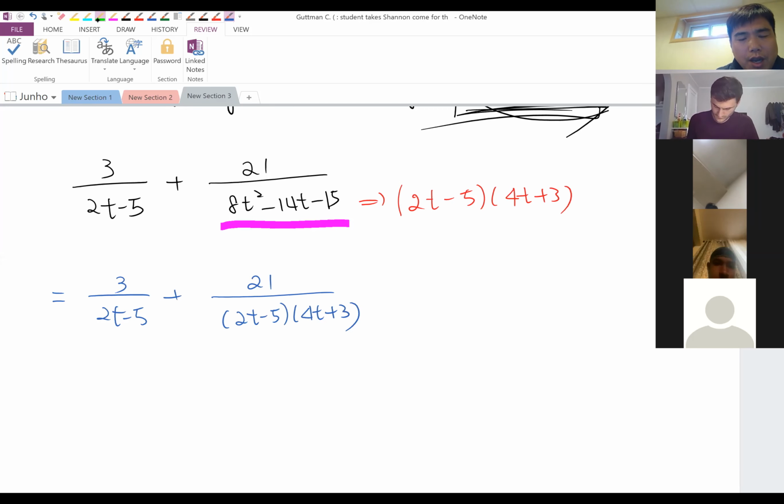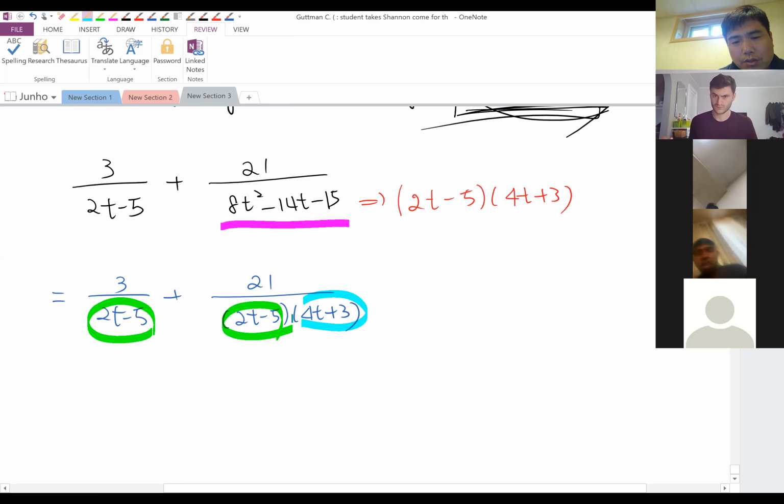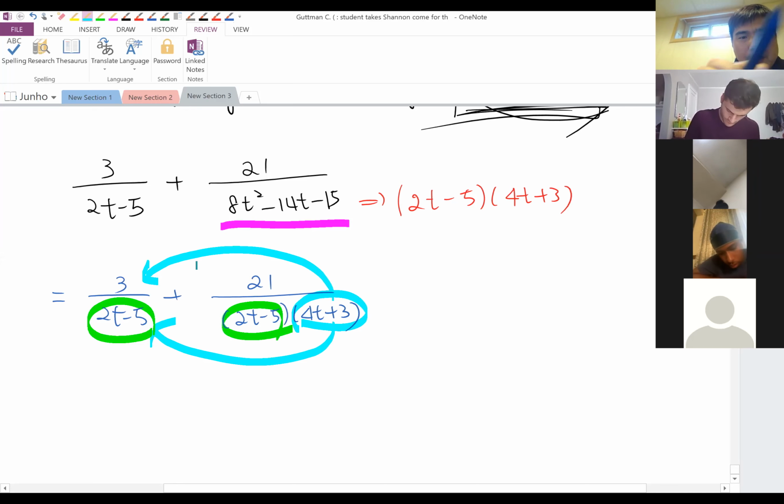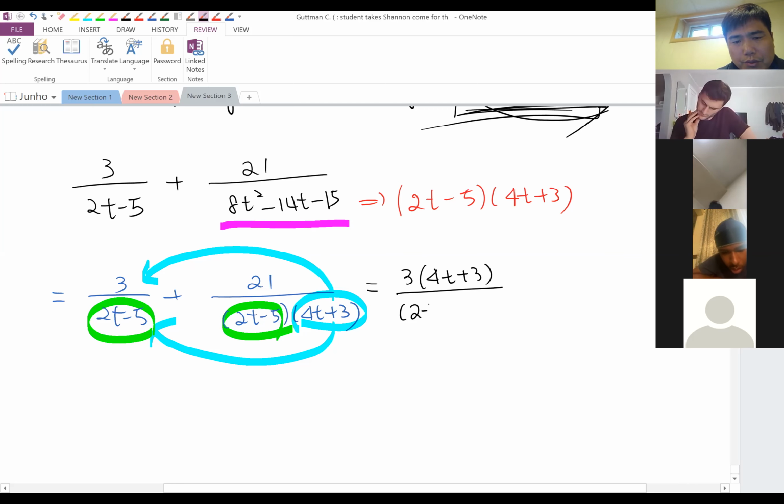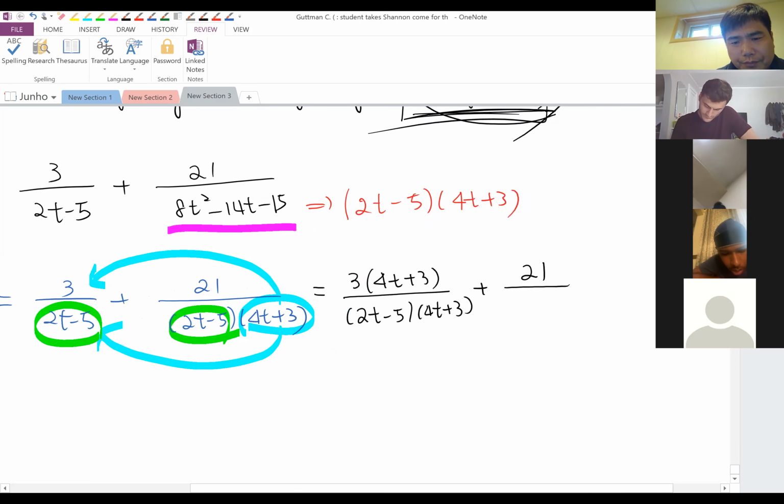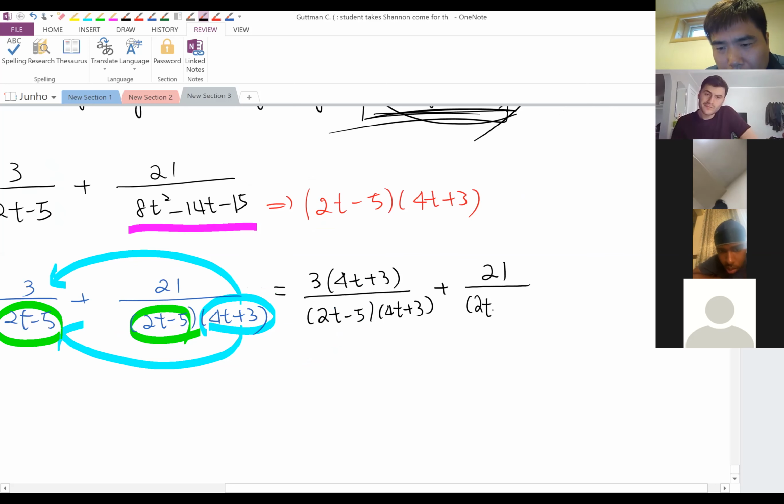So as you see, the common factor becomes 2t minus 5 here, right? Now the extra, which is this one. So multiply these two here and here. Then this becomes 3 times 4t plus 3 over 2t minus 5, 4t plus 3, plus 21 over 2t minus 5, and then 4t plus 3 here.